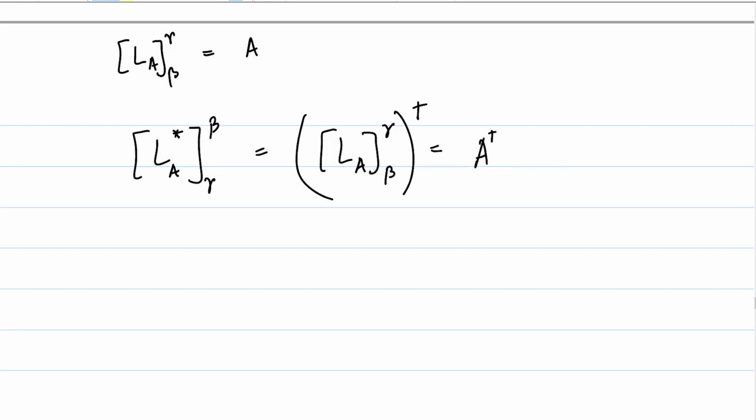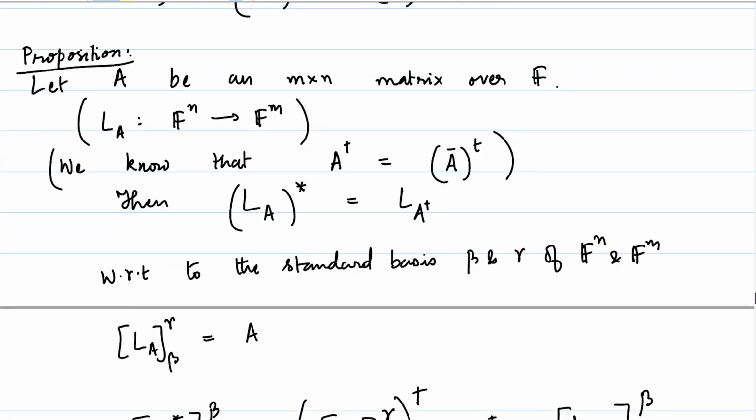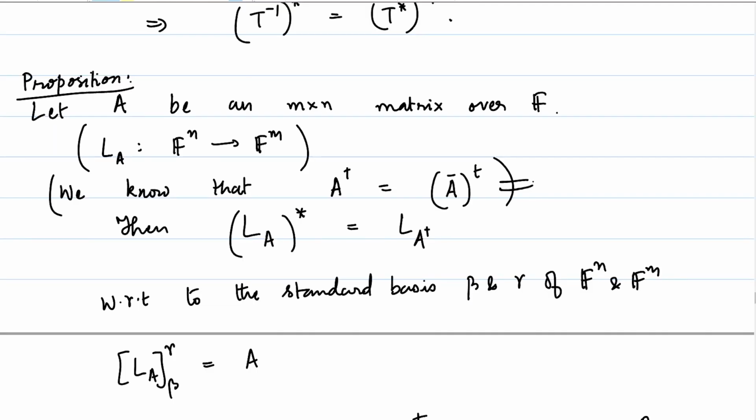But then for any matrix A, this is just with respect to the standard basis. I'm sorry, let me be a bit careful here. The matrix of L_A star from gamma to beta is A adjoint.